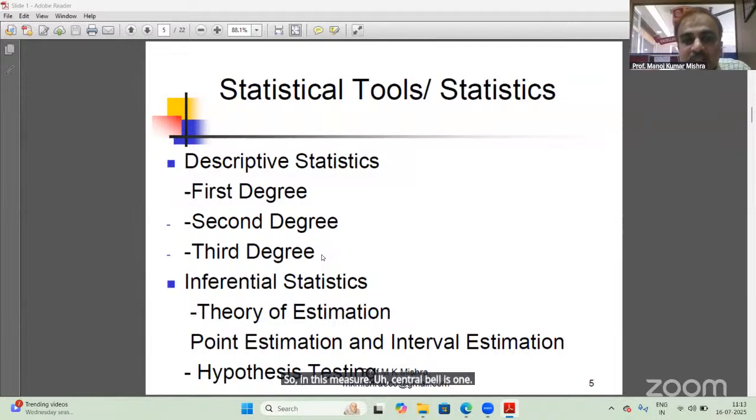The central value is the representative value. In the measures of central tendency, we find the representative value.